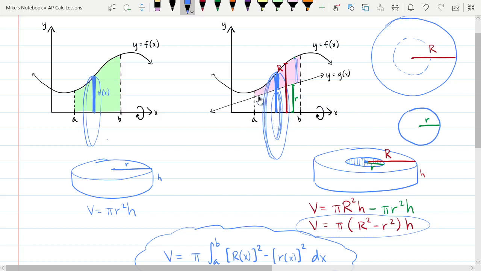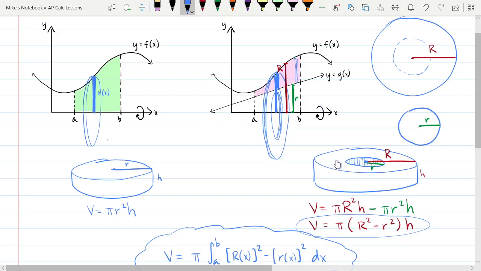In other words, notice that there was some blank space between the region and the axis. If there's any empty space between the region and the axis, that empty space also gets revolved as well, and that's what's creating this washer. That's what's creating the hole in the middle, is that we're rotating this empty space.